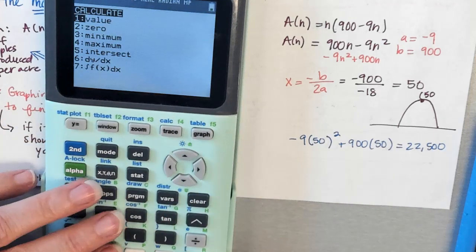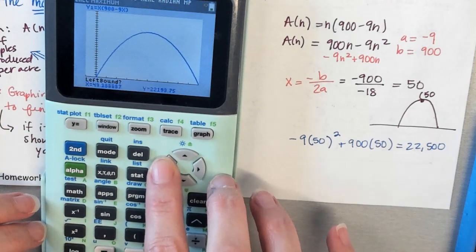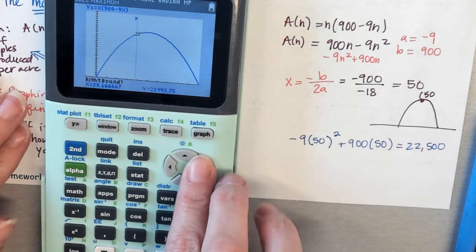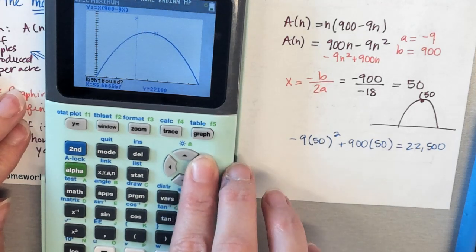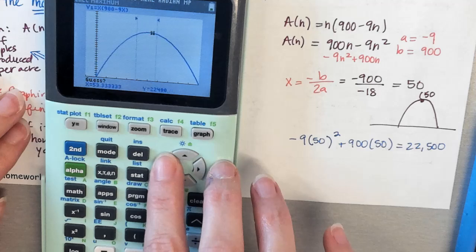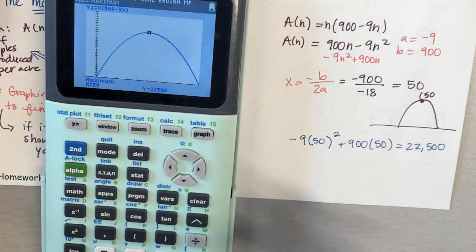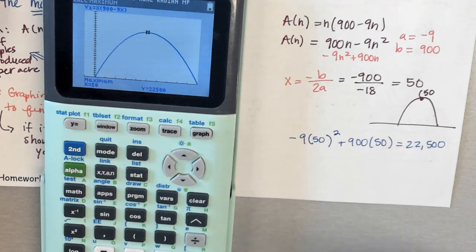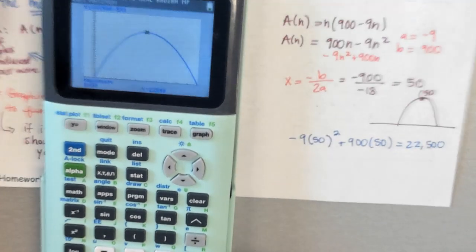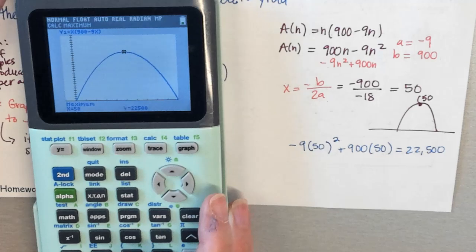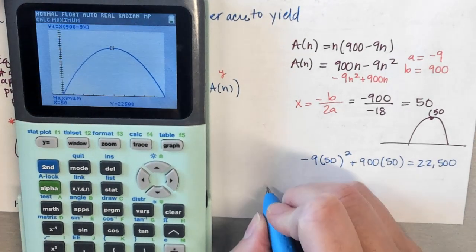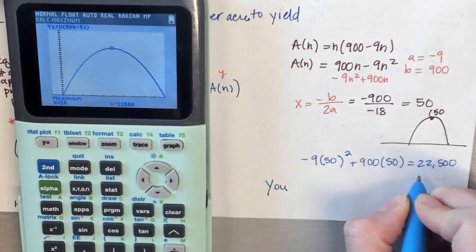If you want, you can use the maximum option, where you do your left bound and your right bound. So you could also find your maximum value this way, and you'll see the 50 there. So how many trees should you plant? Which one is going to be your value of trees? That's the number of what?